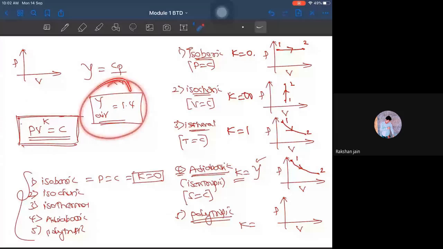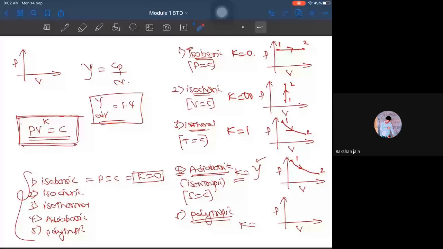But if the value of K is not 0, not infinite, not 1, and also not equal to the ratio of specific heats, but some other number, which I can just call n, it might be 1, 2, 3, 4, whatever, with no significance, then such a process is known as a polytropic process.